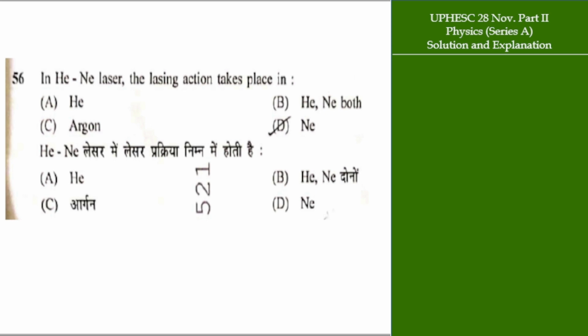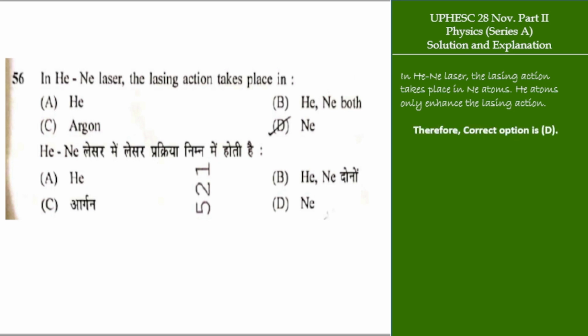Now the next question, question number 56. In a helium neon laser, the lasing action takes place in which atoms? The lasing action takes place in neon atoms, while the helium atoms only play a role in enhancing the efficiency of the lasing action.